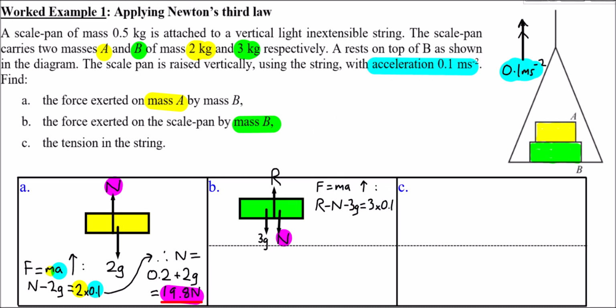So this can be neatened up quite a lot now. Okay, we essentially know what N is. N is 19.8. So we can just say now what R is. Therefore R is going to be this 3 times 0.1, which is 0.3, plus 3g, plus N, which is 19.8.